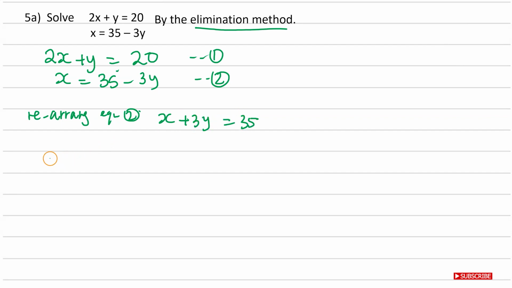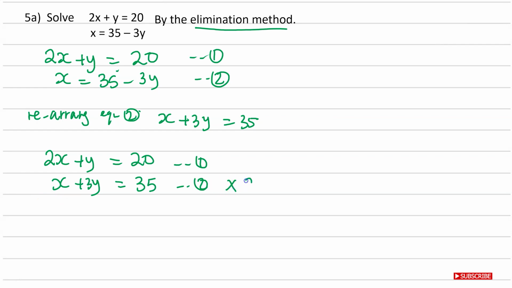So let's write those again. Now we have 2x plus y equals 20, and then x plus 3y equals 35. It's still equation 1 and 2. We're now going to multiply equation 2 by 2. What do we have now?